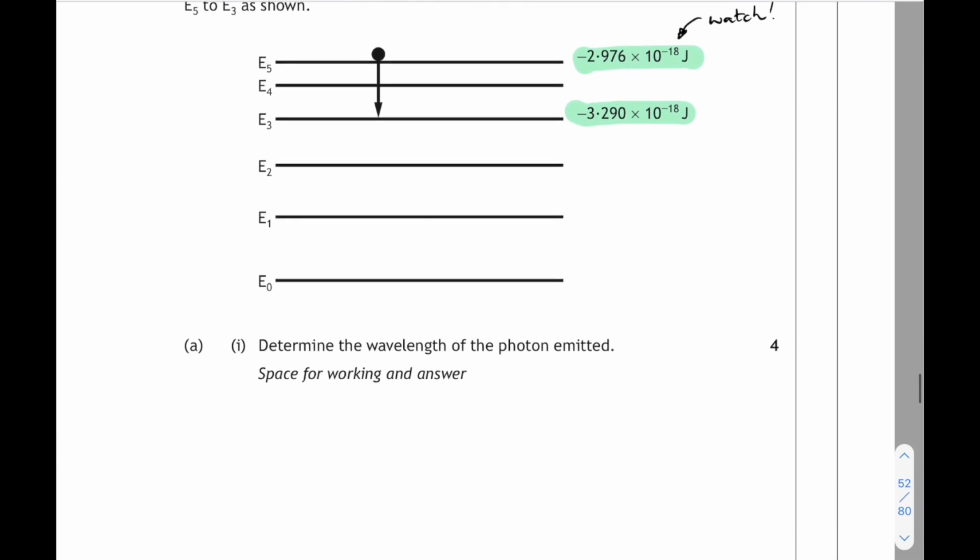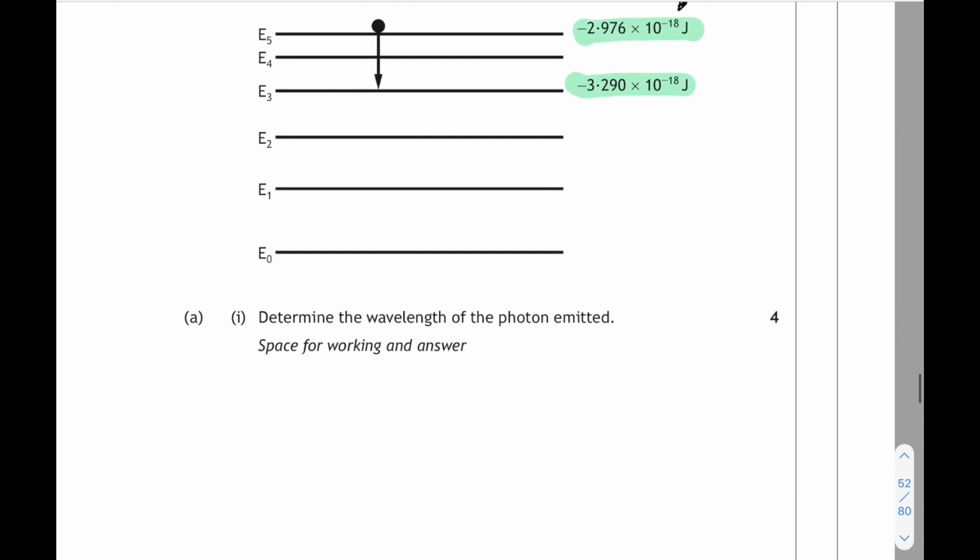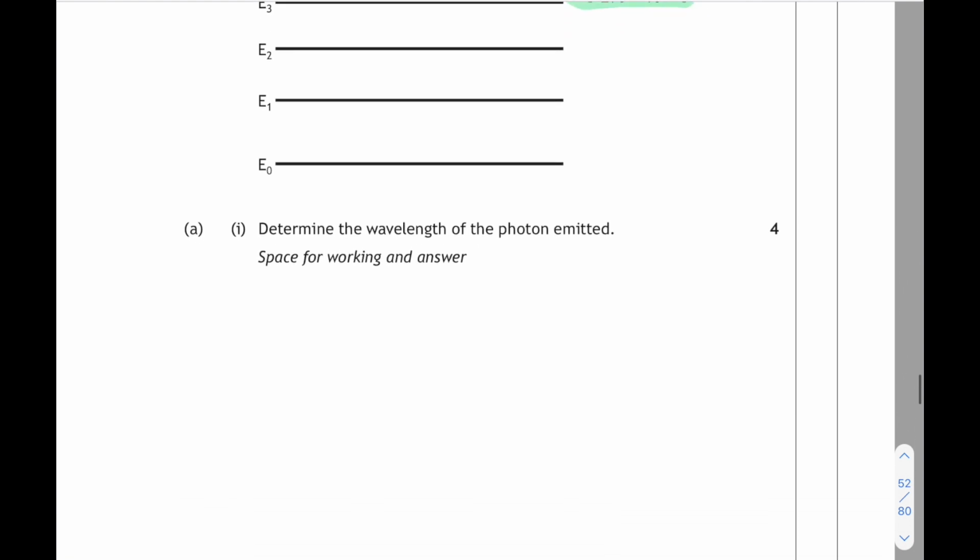That means there's a little bit of extra work to do here. So first things first, we can write down the relationship to find the frequency of the emitted photon based on the difference between the two energy levels. And on your relationship sheet is E2 minus E1 equals hf. But I'm going to write E5 minus E3 because those are the two energy levels that we're interested in.